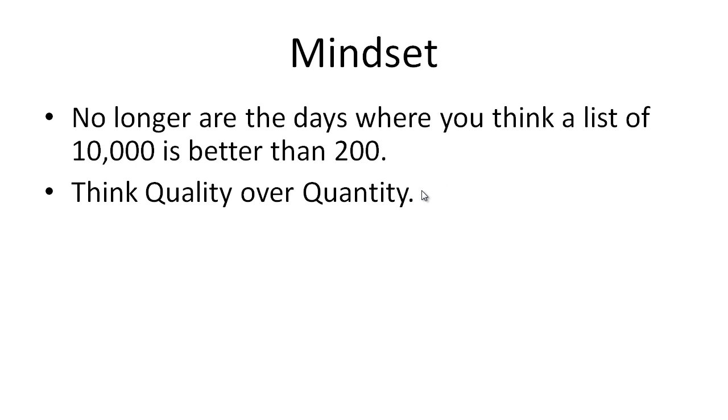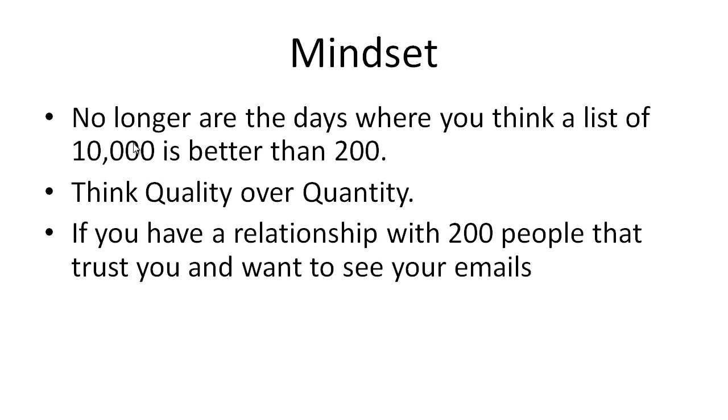But in the end, I know there's a lot of different variables and you can argue this way, that way, the other way, but at the end of the day, you got to think quality over quantity. Do not let the quantity deceive you. That's basically what I'm trying to say.